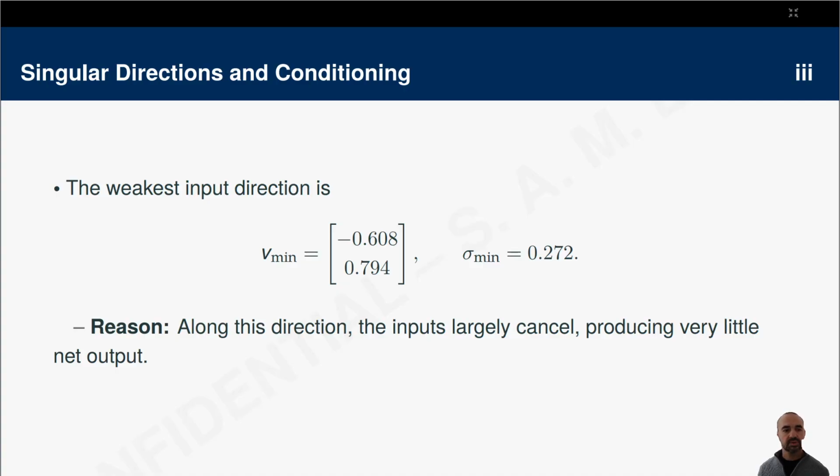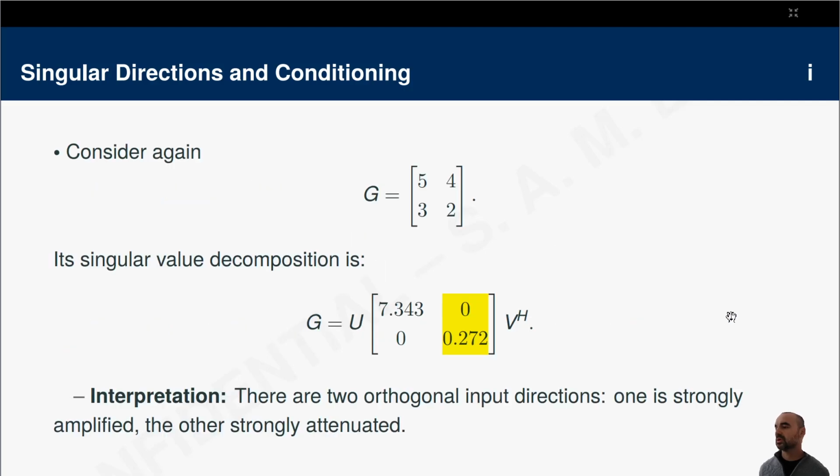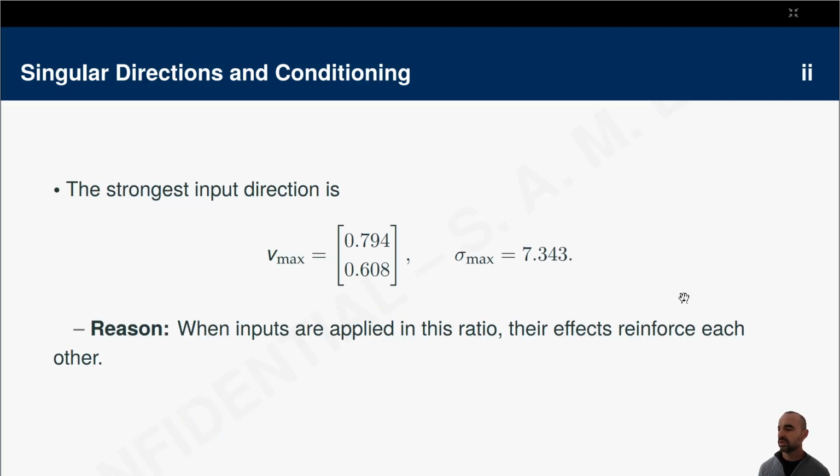So we have sigma min, and then we find how sigma min is computed. Sorry, I think I missed one slide here, because I had sigma max before sigma min. I'm going to go back to sigma min, and then let's talk about sigma max, the strongest input direction.